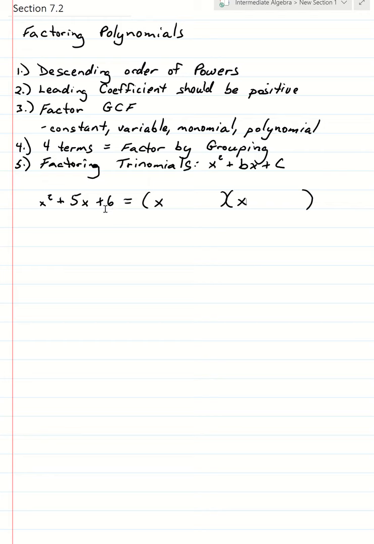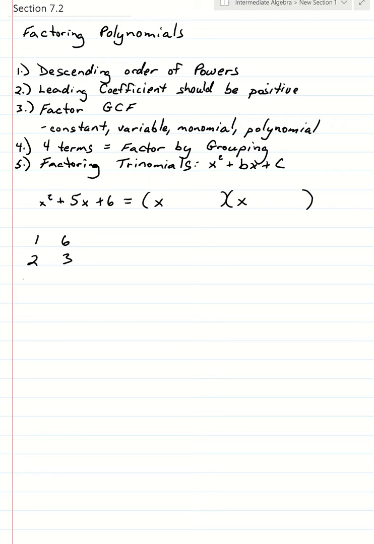We need the factors of c. When we talk about factors of a number, we're talking about what two numbers multiply to form that number. So we need factors of 6. Factors of 6 would be either 1 and 6, because 1 times 6 is 6, as well as 2 times 3, that would be another pair of factors.